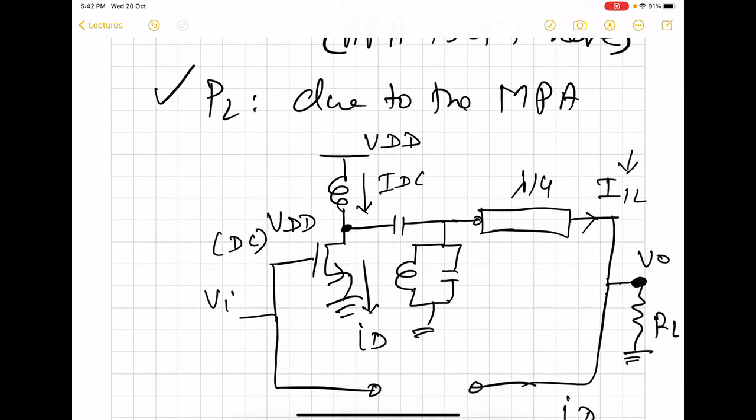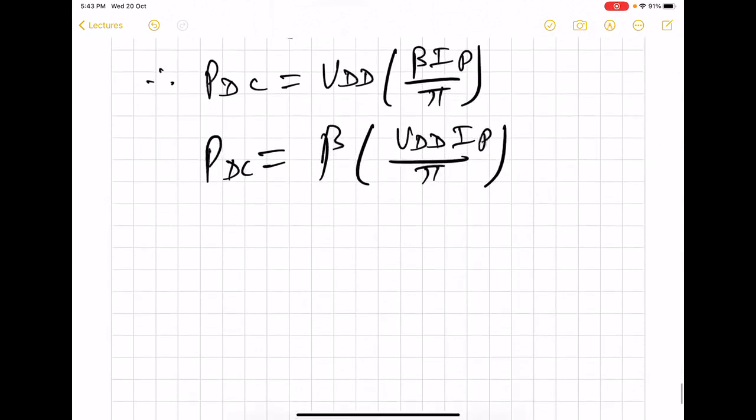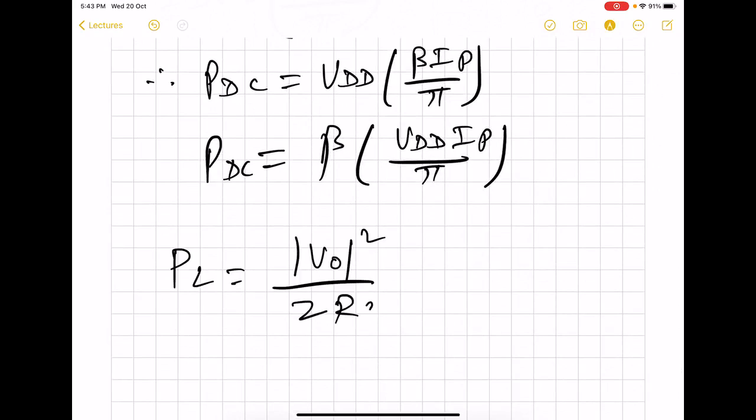But keep in mind that for the lower drive, although I1L is the current that will ultimately be flowing through the load, for the higher drive region, I2 will also come into the picture. But during the higher drive region also, the output voltage is going to be VO only. So it will be better or safer to always define the power to the load in terms of this voltage. So the power to the load is going to be VO square by 2RL.